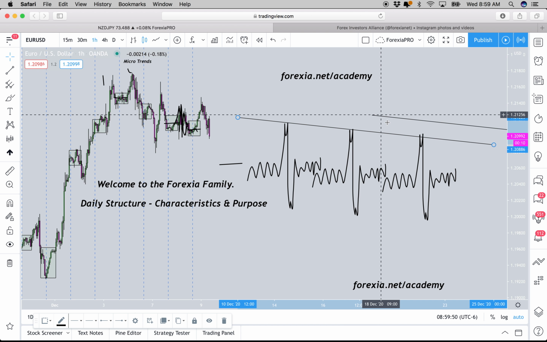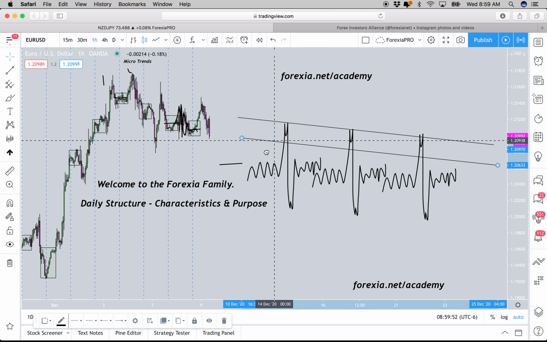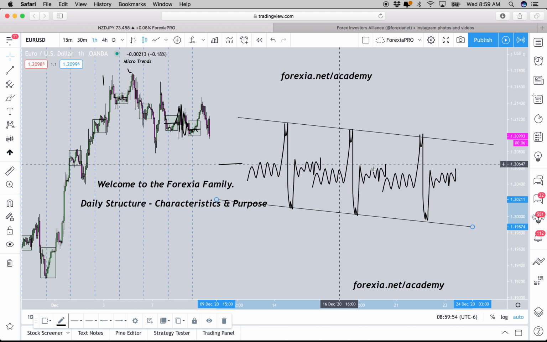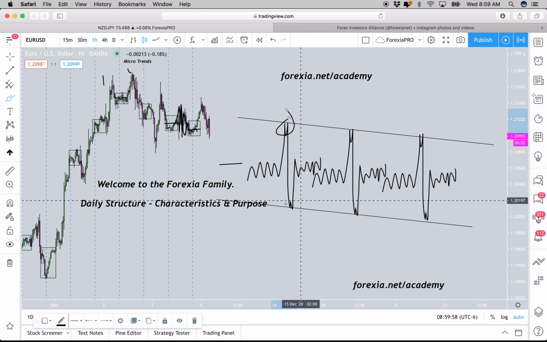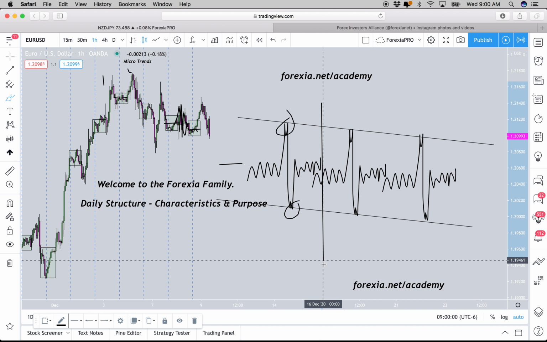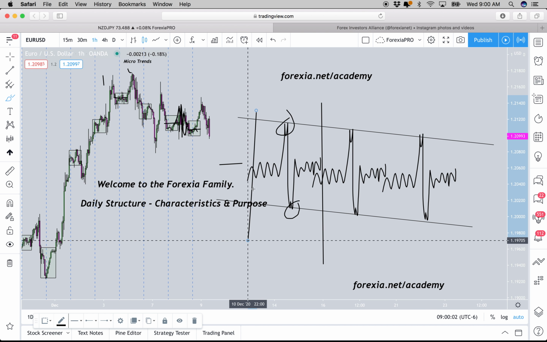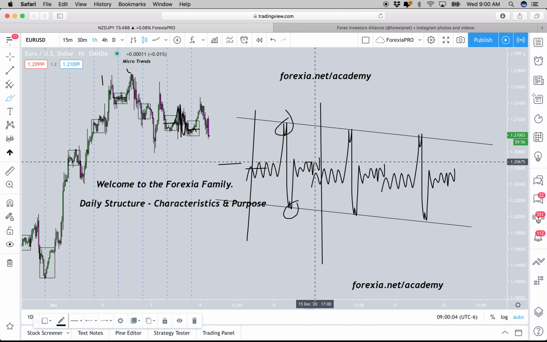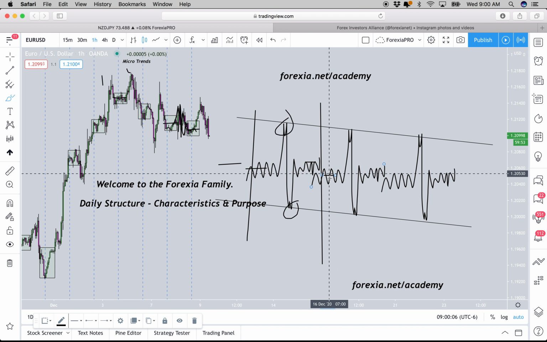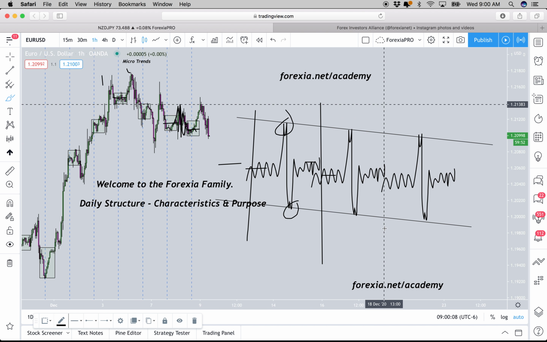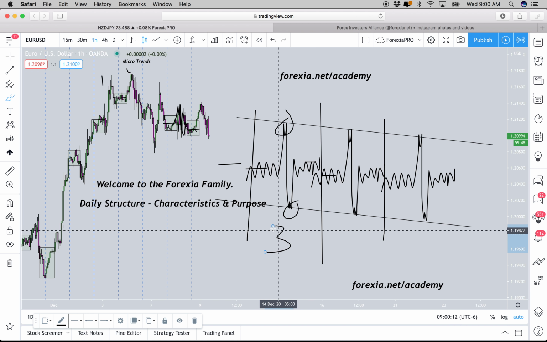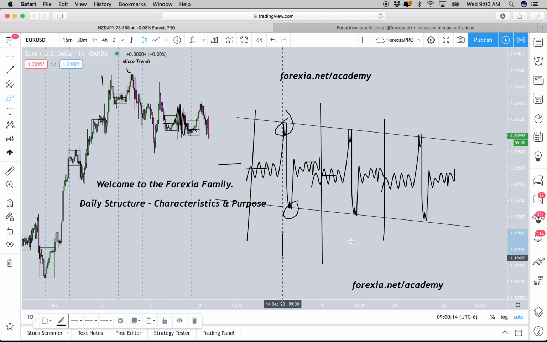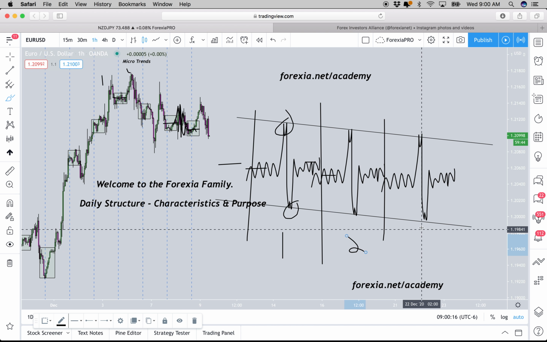Look at this. The high of the day, the low of the day. This is one day. The start of the day, the end of the day. Start of one day, next day, the end of the next day. Right? This is 3 days now. Oops. 1, 2, 3.